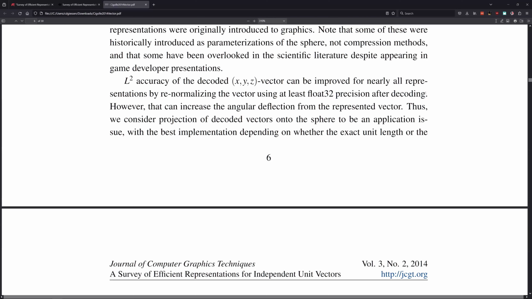Oh, vector floating point normalization. Is that what it's? Oh no, it's talking about normalizing the vector to ensure that it's actually a unit vector. Right?